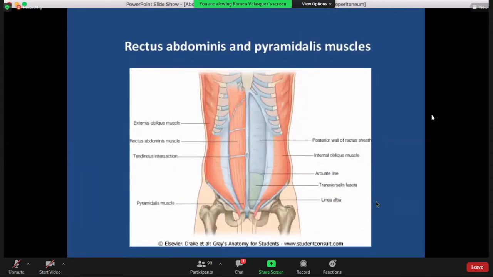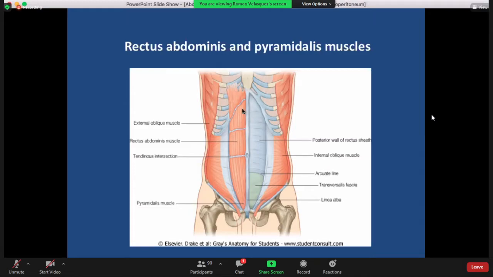So this is the disposition in this illustration from Gray's Anatomy of the rectus abdominis muscle and pyramidalis muscle right there. Of course, you will not see it on the other side, just to demonstrate the next layer of muscle right there, lateral to the recti muscles. As you can see, the central part is occupied by the recti muscles.